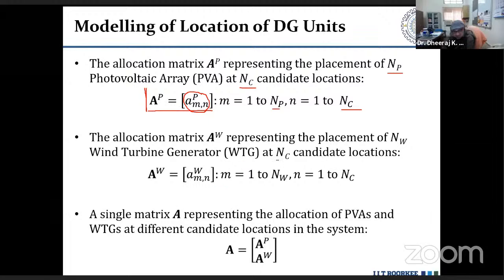Here also the locations are the same, but here we are considering NW types of wind turbine generators. So AWMN is the number of mth type of wind turbine generator at nth location. These two matrices have the same number of columns, so they can be combined in this form also. So this is our total allocation matrix.